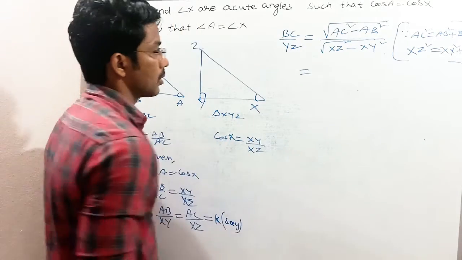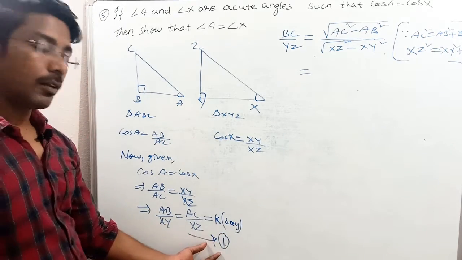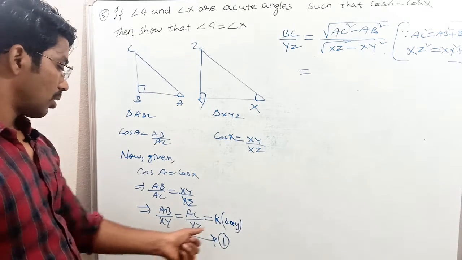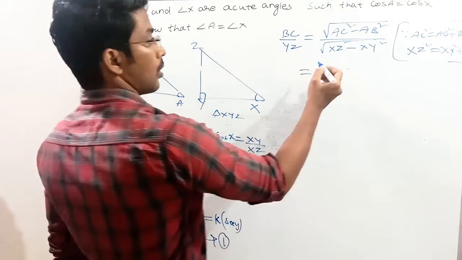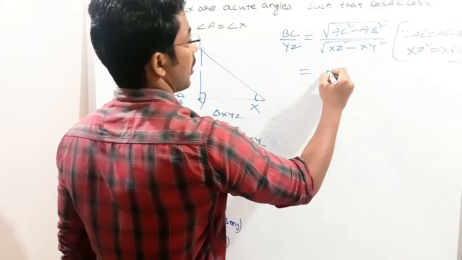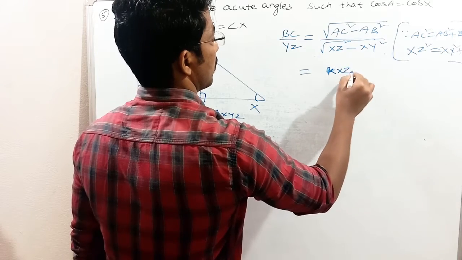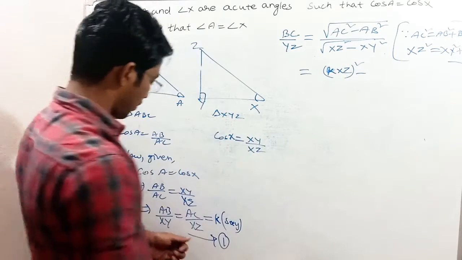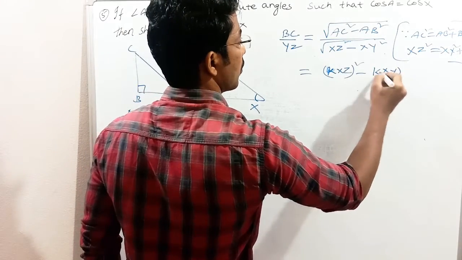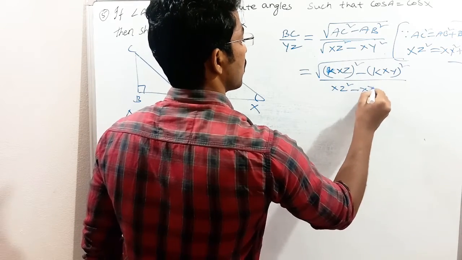Now if we take these conditions as equation 1, from this equation we can observe that AB by XY is equal to K. So AB is equal to K XY and AC is equal to K XZ. So BC by YZ is the square root of K XZ whole square minus K XY whole square, by the square root of XZ square minus XY square.